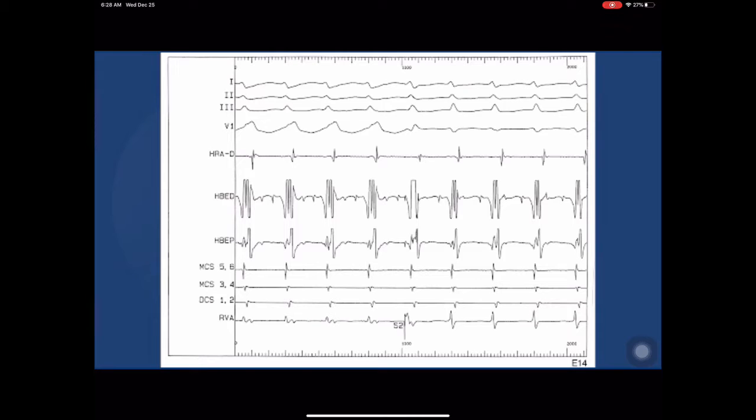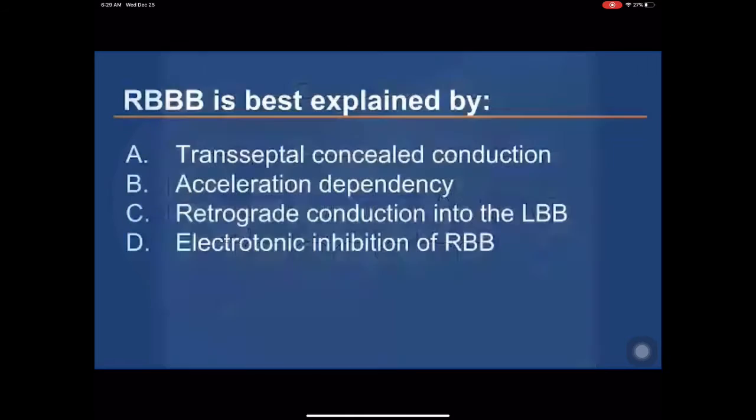So what I want you to think about a little bit, and then we'll come back and discuss in more detail, is what do you think the mechanism is of why this person had a right bundle branch block? Do you think it's best explained by A, transeptal concealed conduction, B, acceleration dependency, C, retrograde conduction into the left bundle branch block, or D, electrotonic inhibition of the right bundle branch?